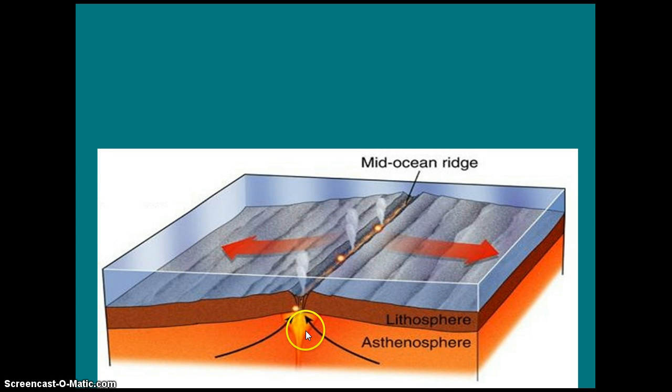And then as more magma is coming up, it cools and solidifies, and it keeps pushing the older solidified magma, igneous rock, away. So as you get farther away from the mid-ocean ridge, the rocks get older.